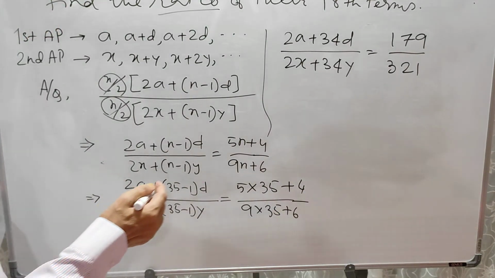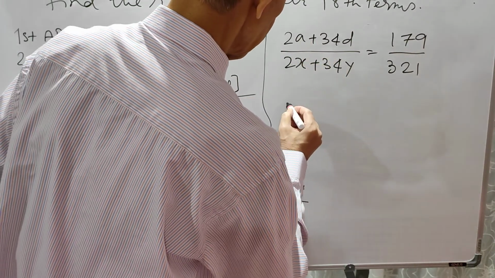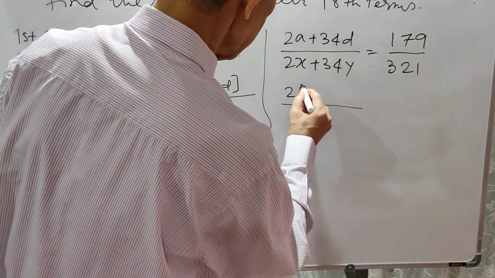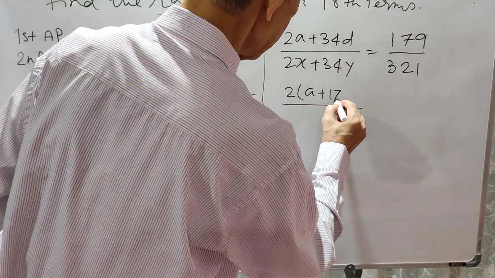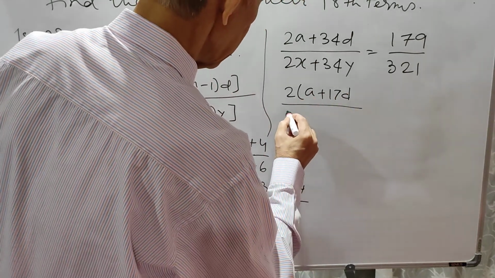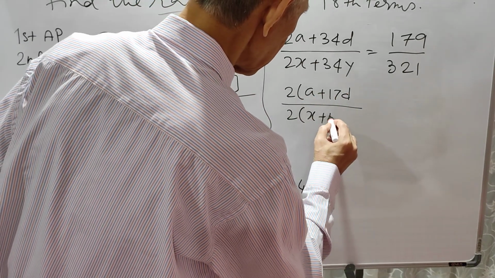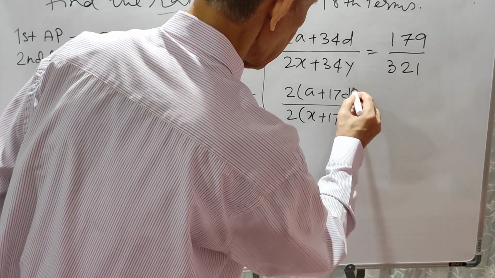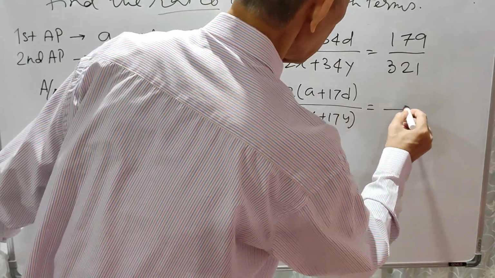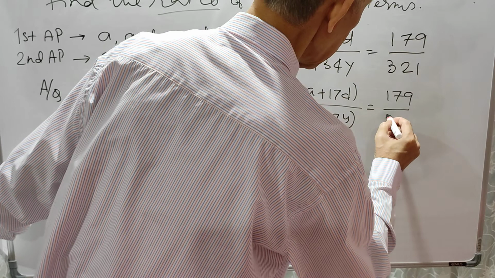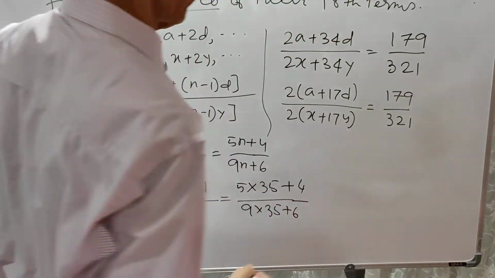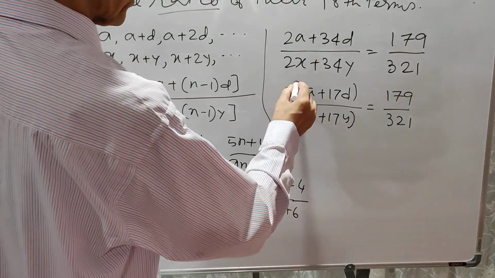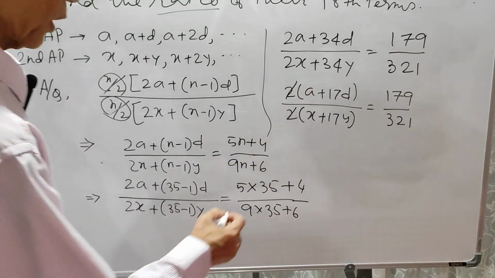All right. Now we take 2 common. So you see, take 2 common, what do you get? A plus 17d. And here take 2 common, x plus 17y. So that is equal to 179 by 321. Now this 2 cancels.